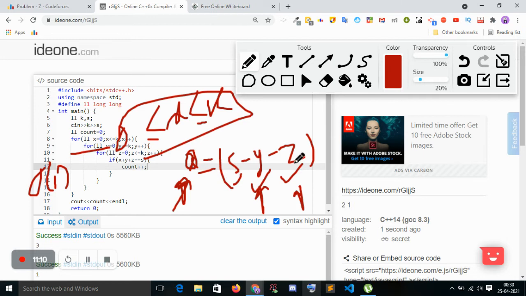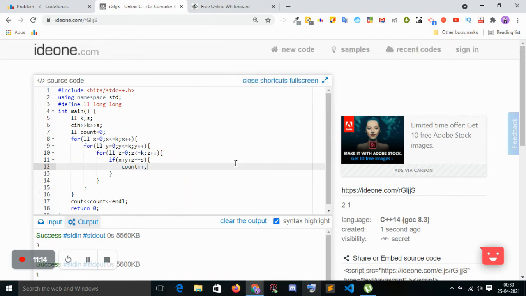So let's make this change, just two loops. I'll remove this outer loop.